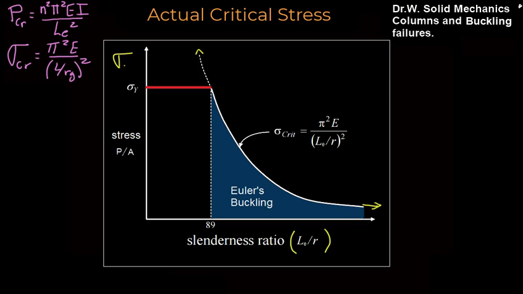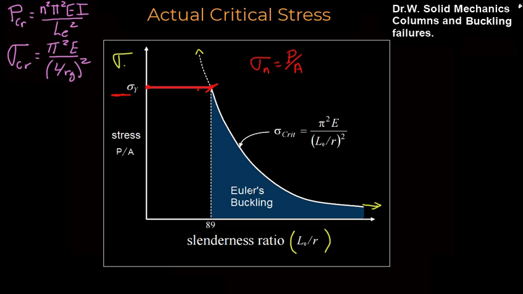However, at some point, the yield stress of the material itself will kick in, and that will limit the design of the column as well. So theoretically, the Euler curve will come up and reach a certain point here, where we would then have to switch and use our standard normal stress as P over A and limit the design by the yield stress.